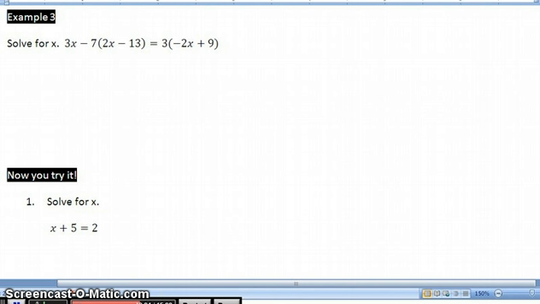The first thing I need to do is use that distributive property and multiply 7 and 3 through those parentheses.